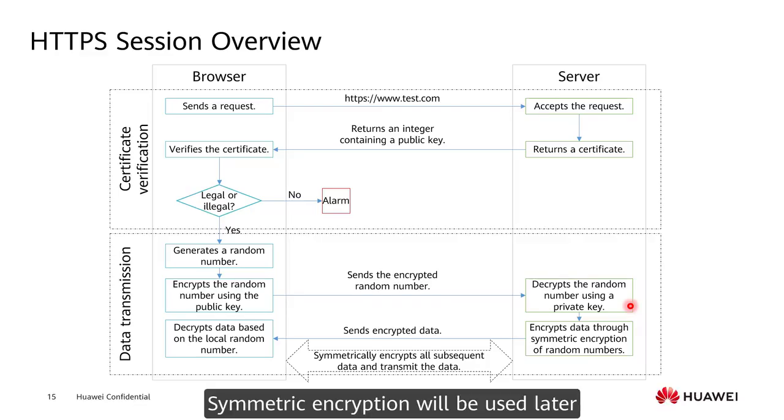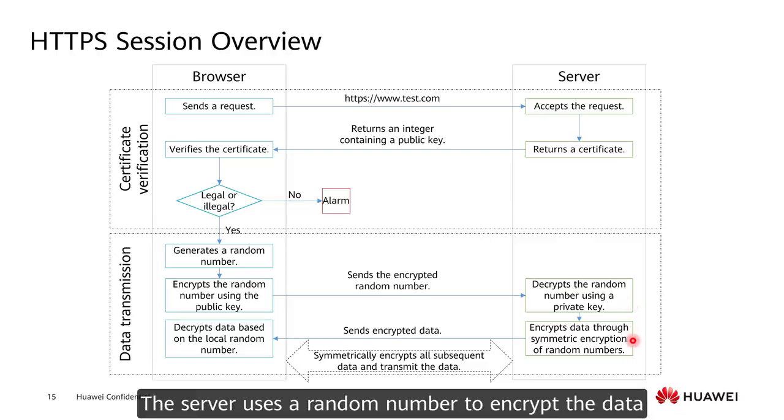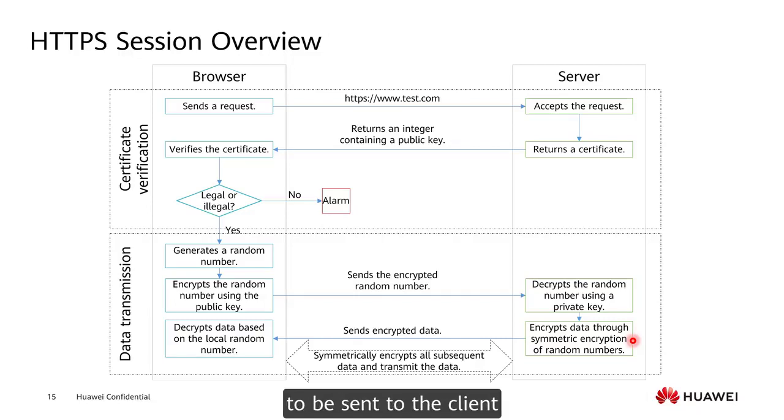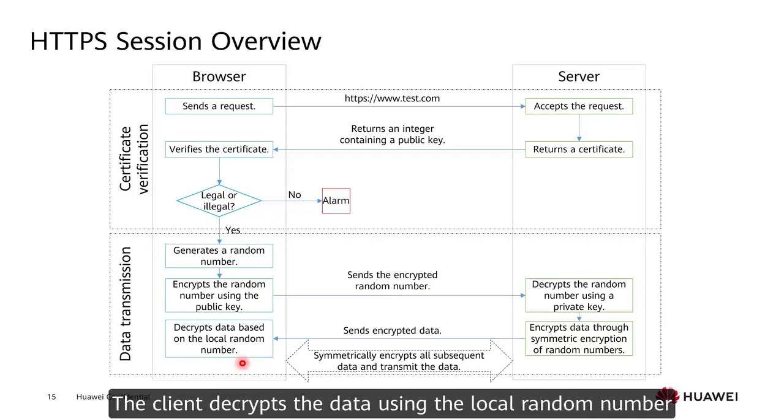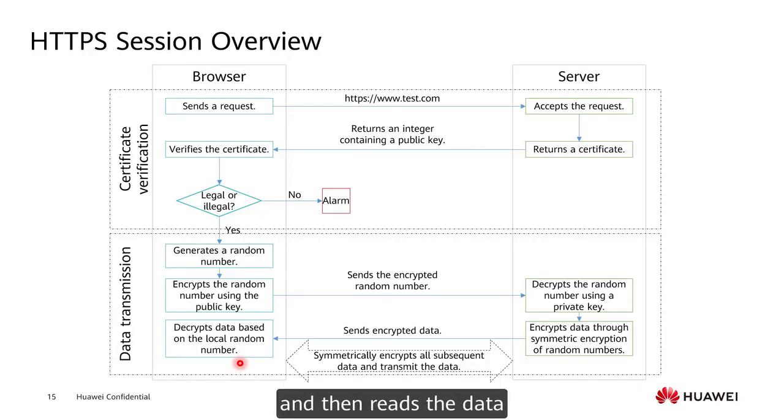Symmetric encryption will be used later. The server uses the random number to encrypt the data to be sent to the client, and then sends the data to the client. The client decrypts the data using the local random number, and then reads the data.